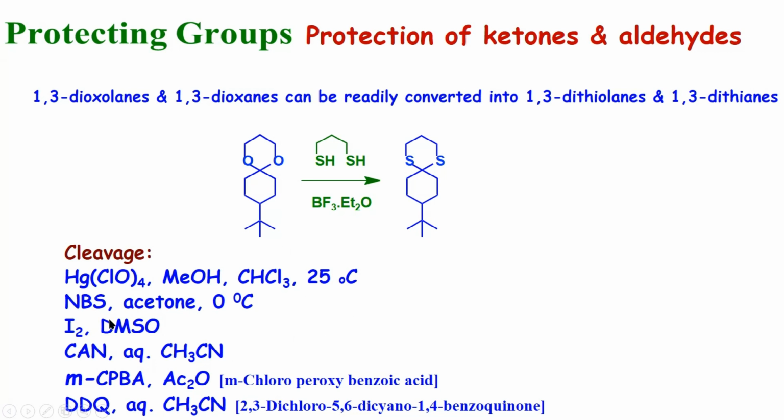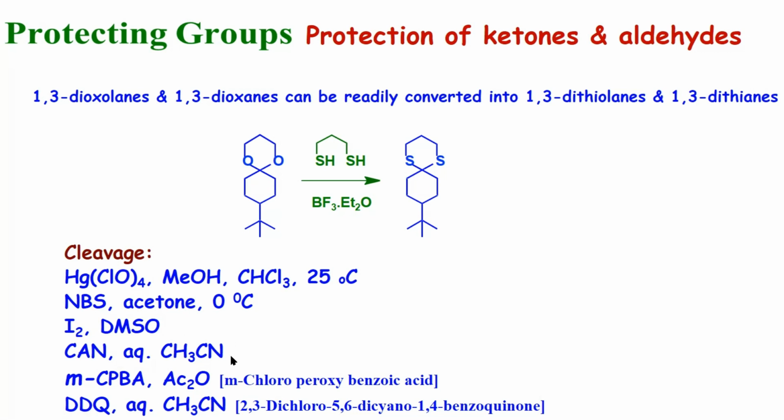It can also be cleaved by using N-bromosuccinimide and acetone as a solvent at 0 degrees centigrade. I can also use a mild oxidizing agent like iodine in an aprotic solvent like dimethyl sulfoxide. It can be oxidatively cleaved by using ceric ammonium nitrate in aqueous acetonitrile.